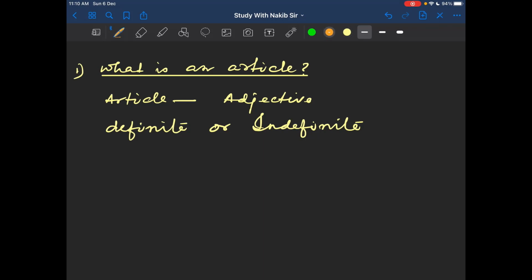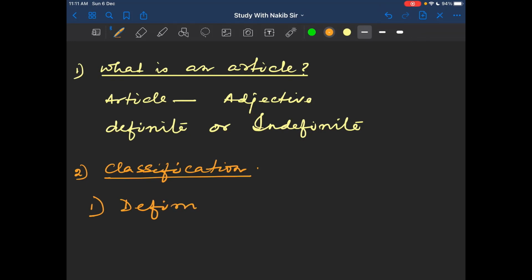Classification of articles: number one, definite articles, and number two, indefinite articles.